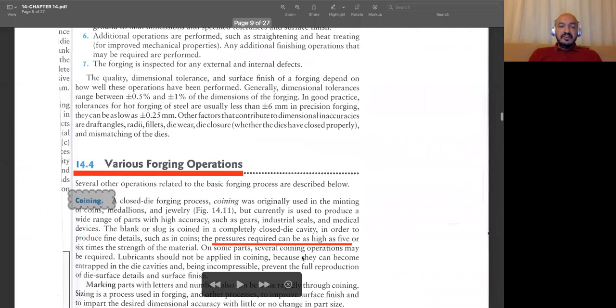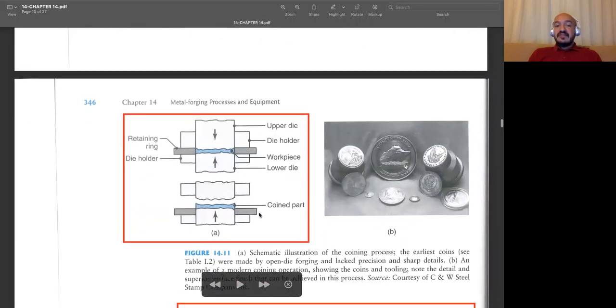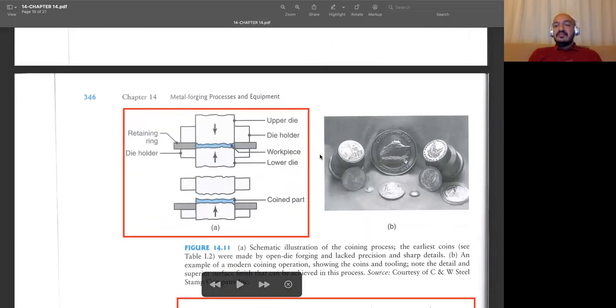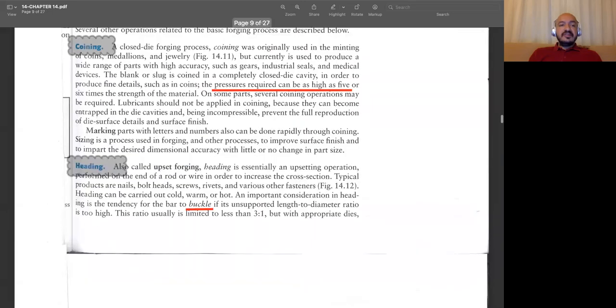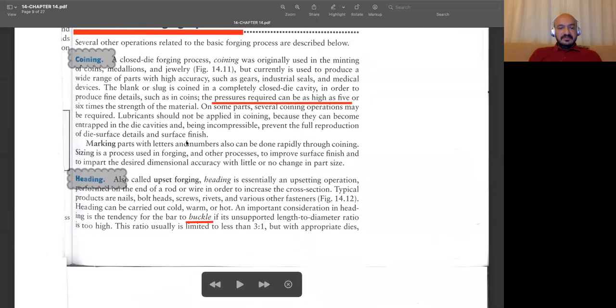In coining, again, we are not producing any flash, but the parts are smaller and we are applying a lot of force. We can have indentations, figures, or extra patterns on the tool. It's a very productive process for mass production, especially of smaller parts like coins.